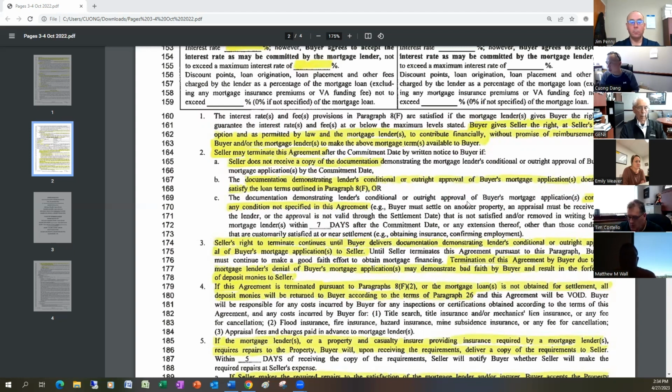Buyer must settle on another property, an appraisal must be received by the lender, or the approval is not valid through the settlement date, that is not satisfied and or removed in writing by the mortgage lender within 7 days after the commitment date or any extension thereof, other than those conditions that are customarily satisfied at or near settlement. Examples: obtaining insurance, confirming employment.